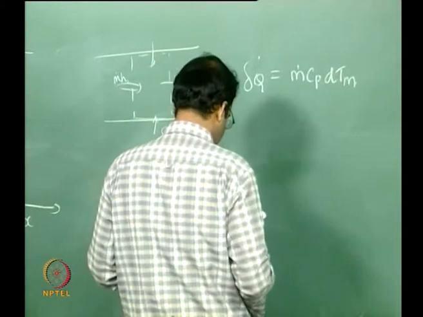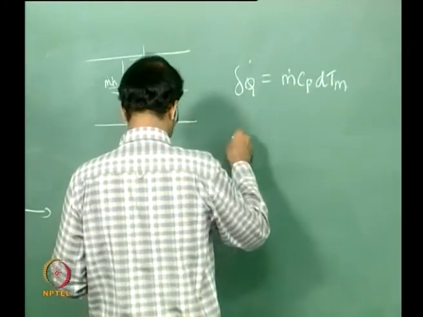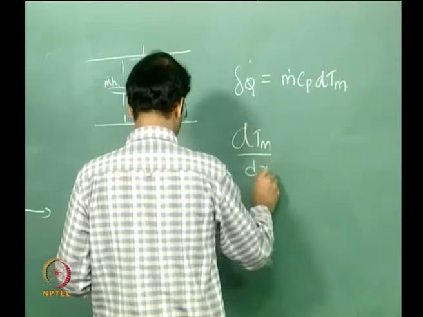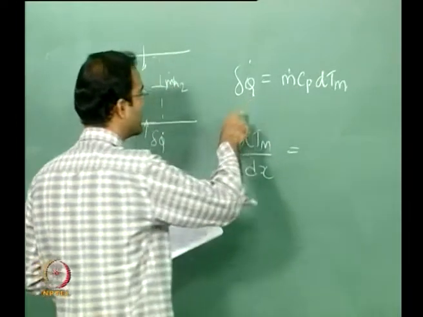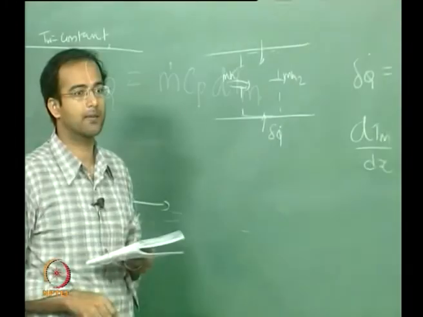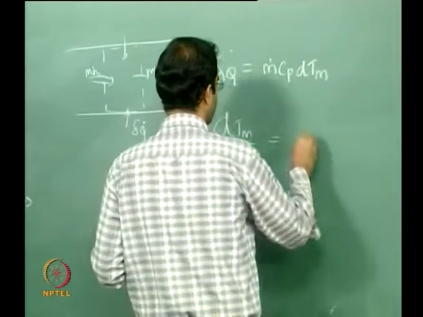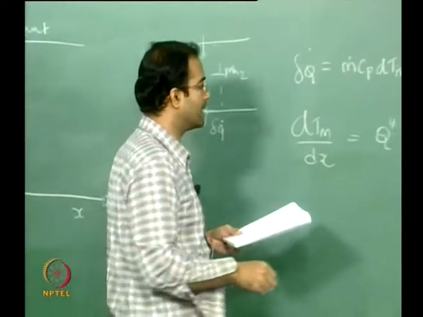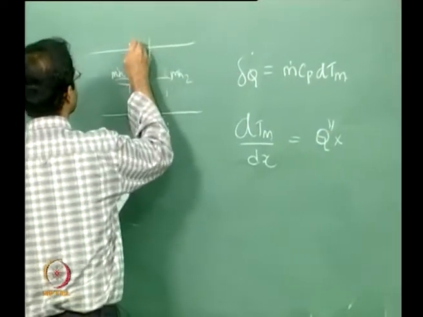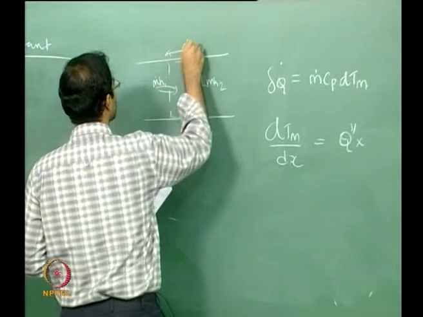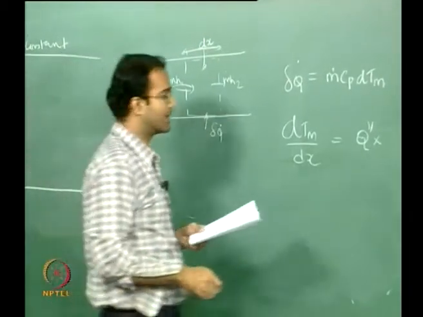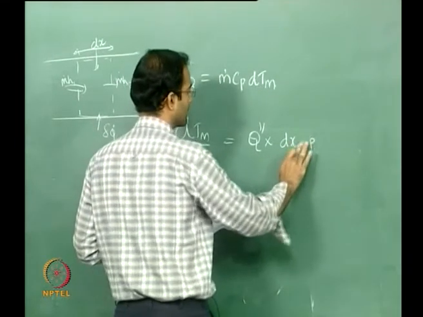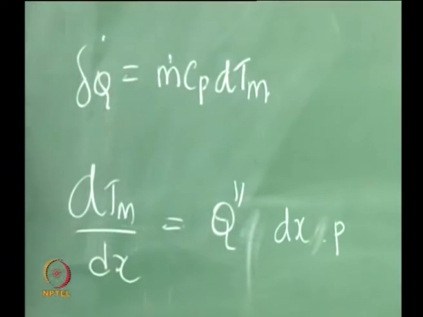So I can just divide everywhere by dx. So dTm by dx will be equal to, now this is your heat transfer rate, which can be expressed in terms of heat flux. You can write this as Q double prime, in watt per meter square, into dx, if you assume the control volume has a differential length dx, into the perimeter.